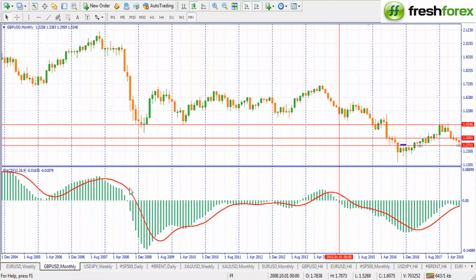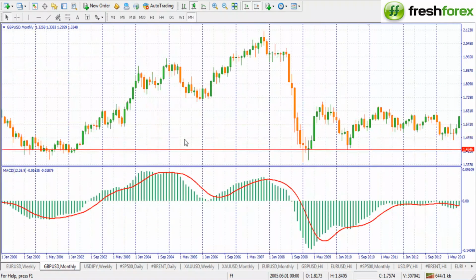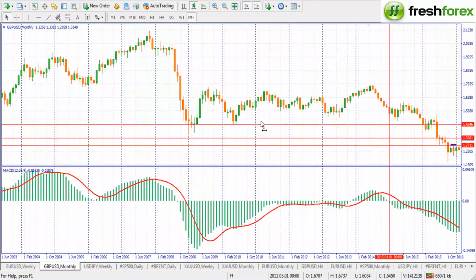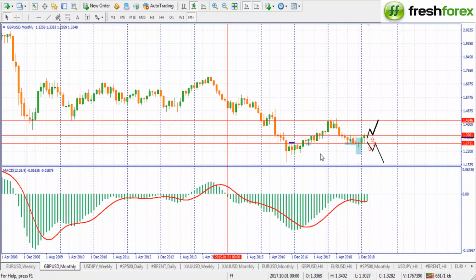And anytime you have the opposite, anytime you have the green one, the columns being above 0, and then the signal one also above 0, that means there's an active uptrend. So from what is happening now, despite the rise currently we are seeing with this pin bar, this engulfing candle, this pin bar, overall the trend is downwards.